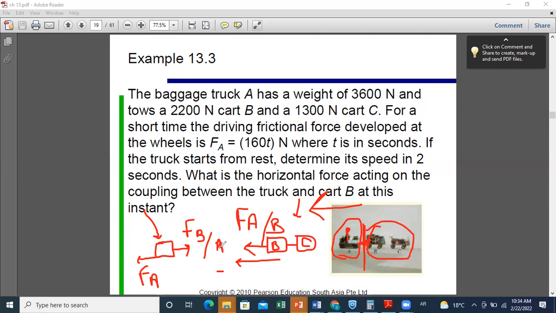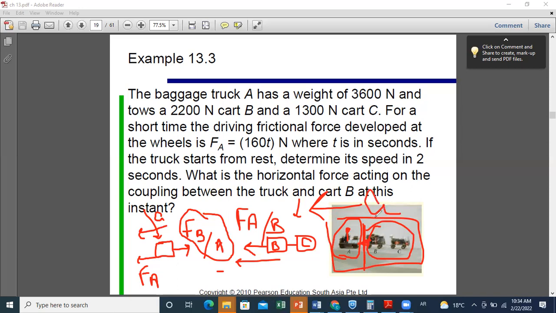Now as you see here, when we take A alone, we introduce new unknowns. This is why in the first step we didn't consider the system A alone, because what unknowns did we have? We had the acceleration unknown and the coupling force unknown. But now since we have taken first the whole system, taking the whole system cancels out internal forces, and the only unknown left is a.